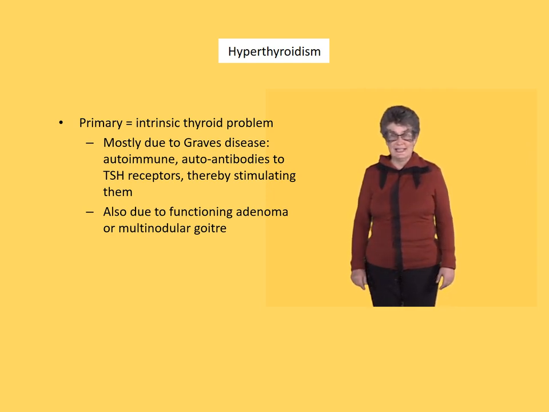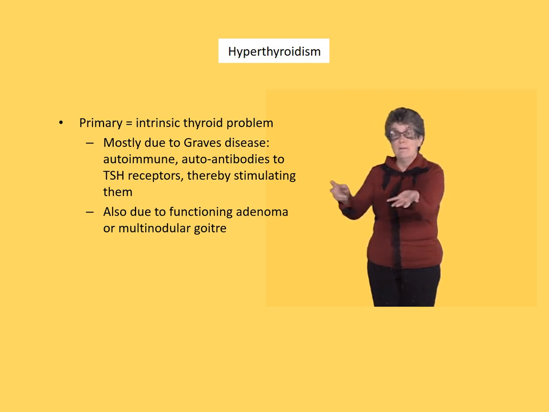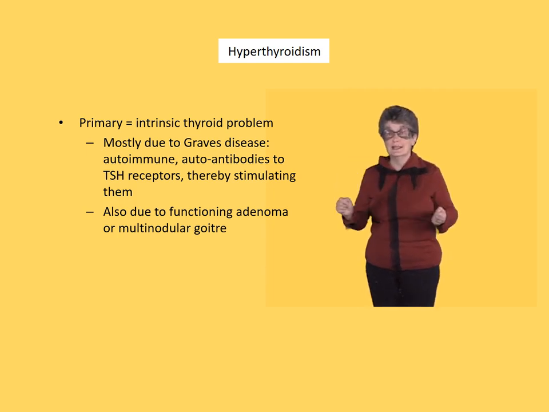In Graves' disease, autoantibodies are formed and they bind to the TSH receptors, turning them permanently on. So the light switch in the thyroid is permanently switched on, and this gives rise to the hyperthyroidism in Graves' disease.